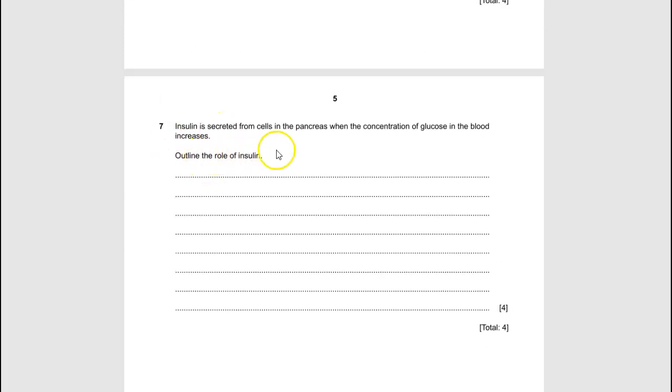So, the role of insulin is a very important question, and there's 4 marks. Insulin is released by the pancreas when blood glucose level is high in the blood flow. There are 4 points in this.